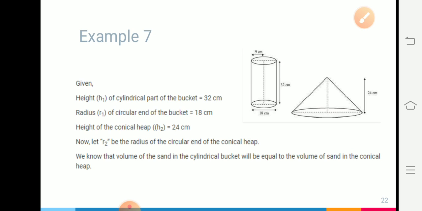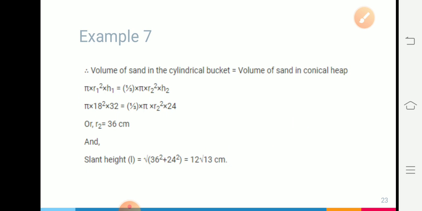So you know that the volume of the sand in cylindrical bucket will be equal to the volume of the sand in the conical heap. So using the formula, we will be getting the radius, which is 36 centimeter, and slant height will be, using the Pythagoras theorem, you get the slant height.